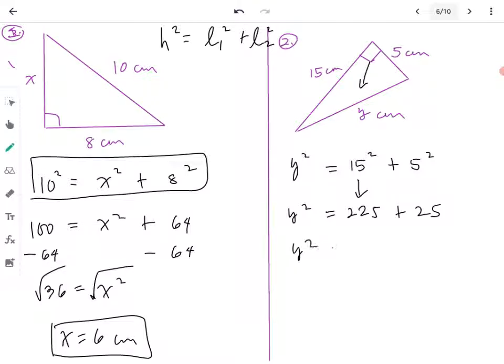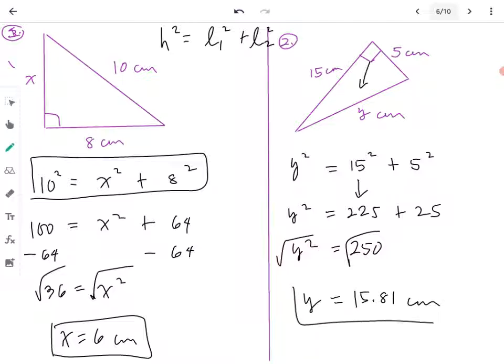So y squared equals 225 plus 25, which is 250. If we take the square root of both sides, we have 15.81 cm. Okay, so that's the very basic application of the Pythagorean theorem.